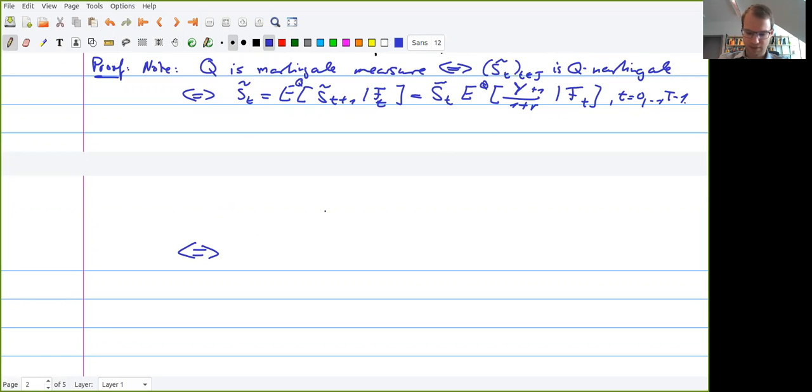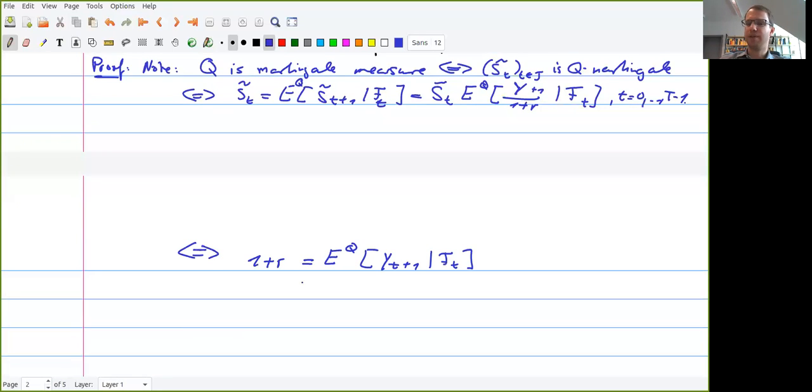So what does this mean? The last equality means I can divide both sides by the discounted price at time t. So I get here, and let me move over the 1 plus r, so this is the other side now. It has to be equal to the conditional expectation of Y_{t+1} conditioned on F_t.